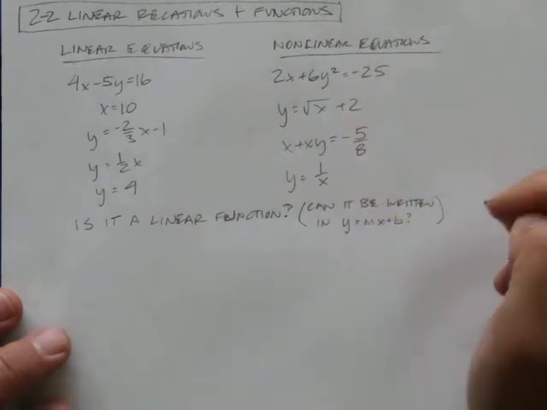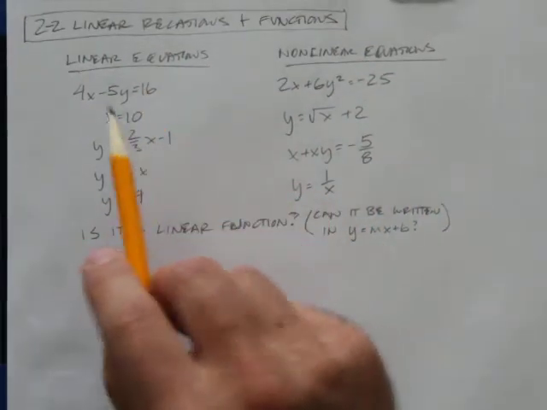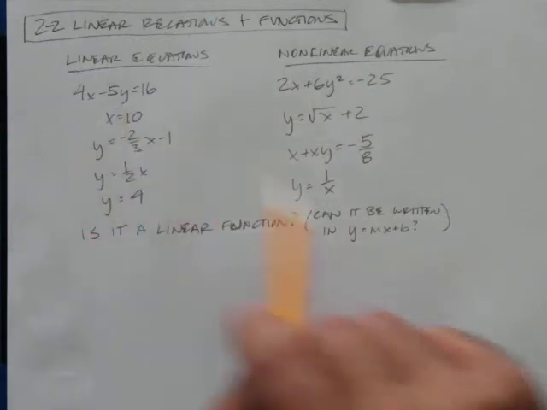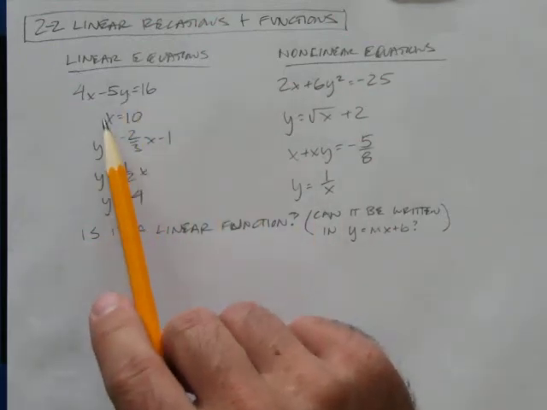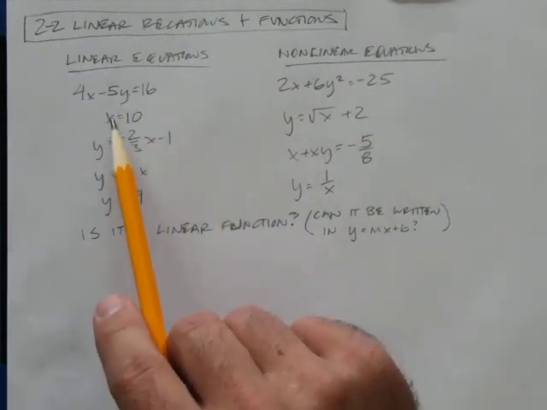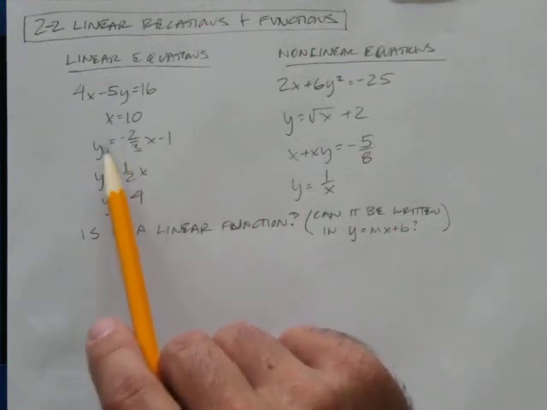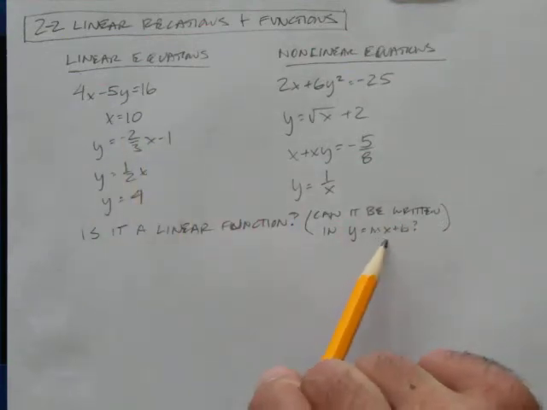Can it be written this way? All of these up here can be. We can do some algebra to make this look like y equals mx plus b. This one we can write that way. We can write all of these in this form.